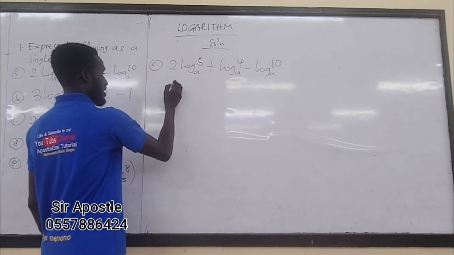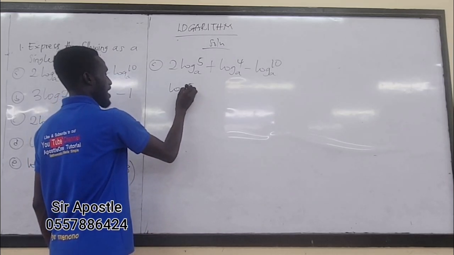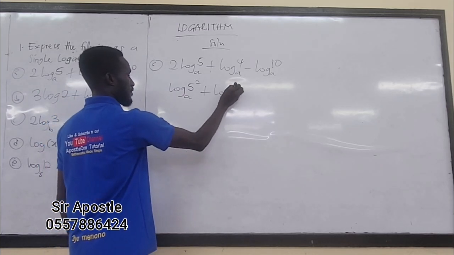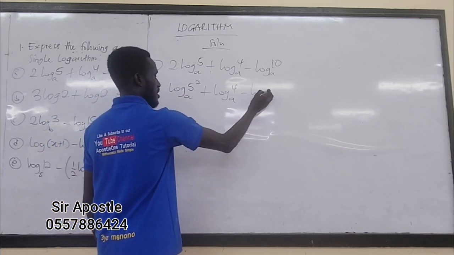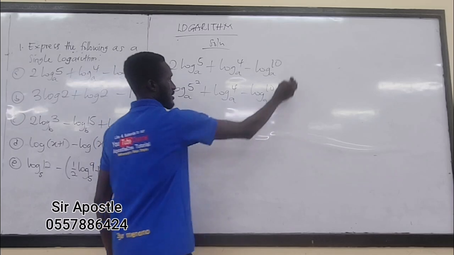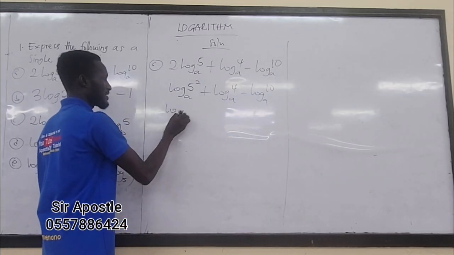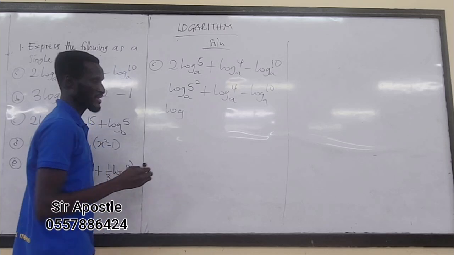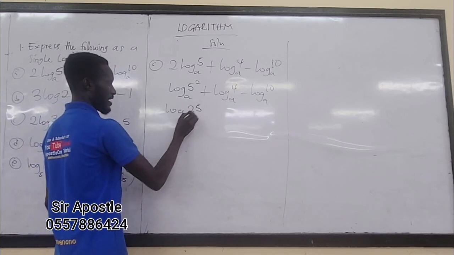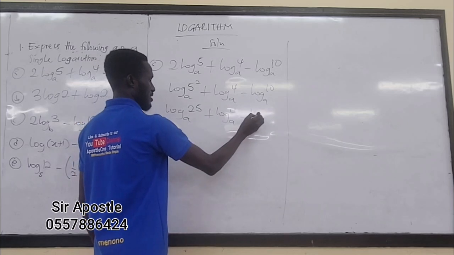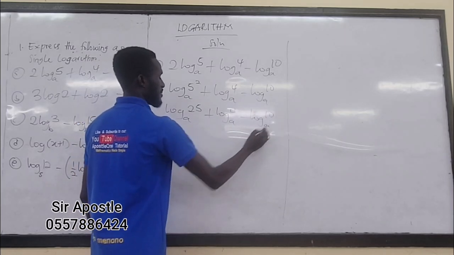Now, let's see. This one is the same as log 5 exponent 2 base a, plus log 4 base a, minus log 10 base a. At this point, I know that 5 exponent 2 is 25, so I have log 25 base a, plus log 4 base a, minus log 10 base a.